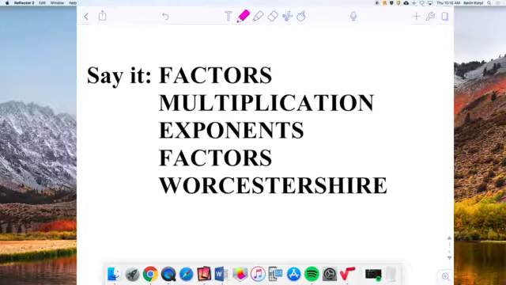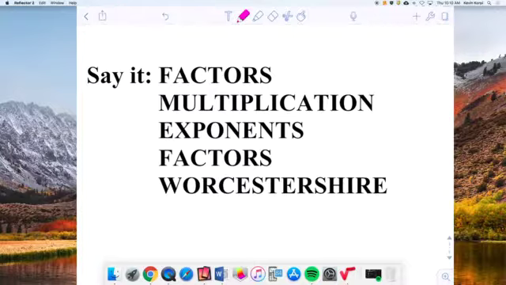And I just threw that word in there because it's fun to say. How would y'all pronounce that last one? Worcestershire? Yeah, okay. So the rules of exponents work because exponentiation is abbreviated what? Multiplication. And things that are multiplied together are called what? Factors. So they're all related.